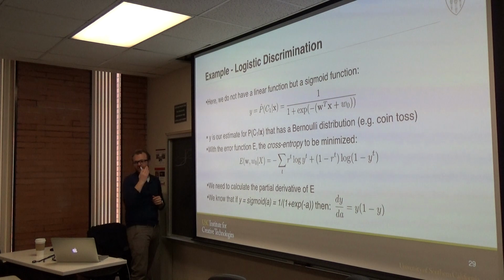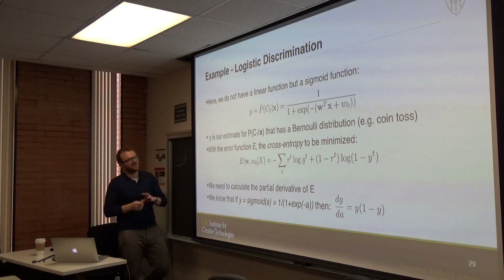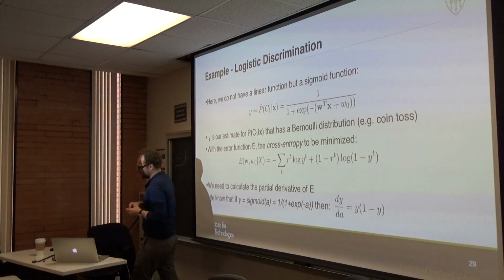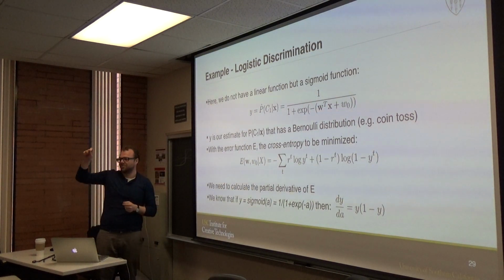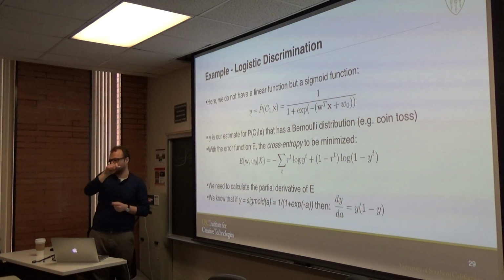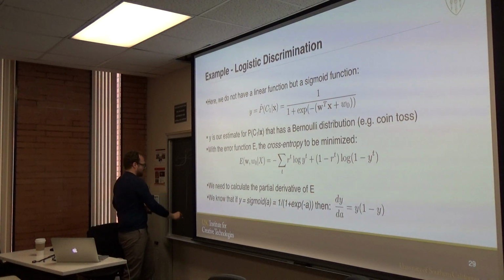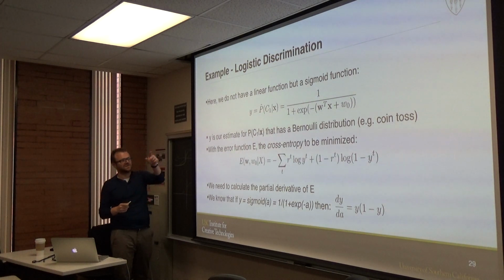So if you go forward or backwards, so if this parameter is 0 here, the curve would go through 0.5 at 0, okay?